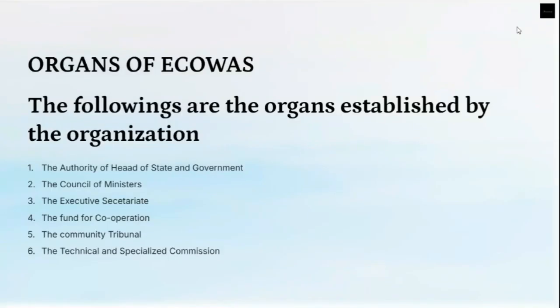So the office of the chairman is rotational, they rotate it. Then the Council of Ministers consists of two representatives or ministers from each state, and they meet twice in a year. The authority of head of state, they meet once in a year.